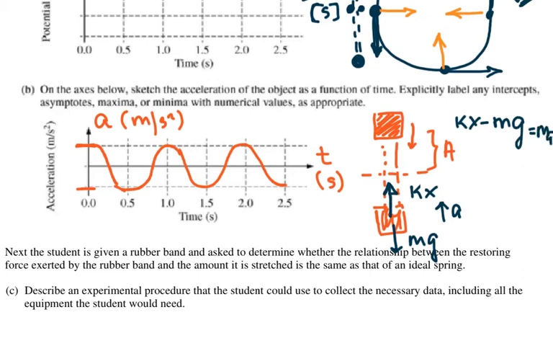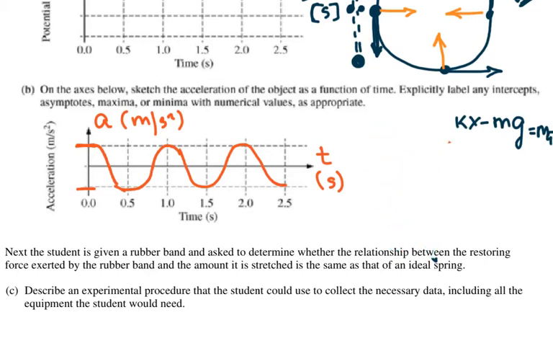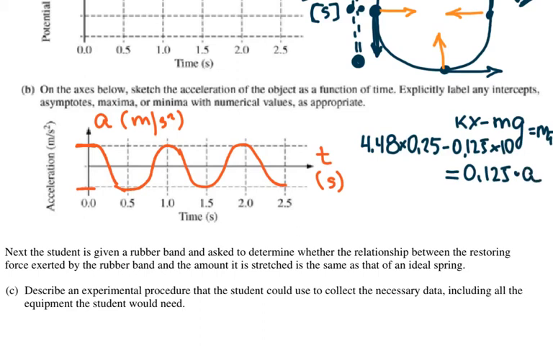So k is 4.8 and x is 0.25. So I have 4.8 times 0.25, mass is 0.125 times 10, and all of it is equal to 0.125 times acceleration.